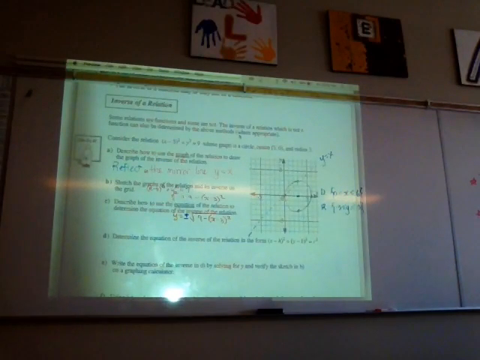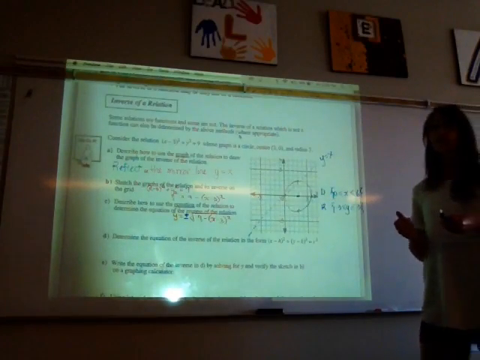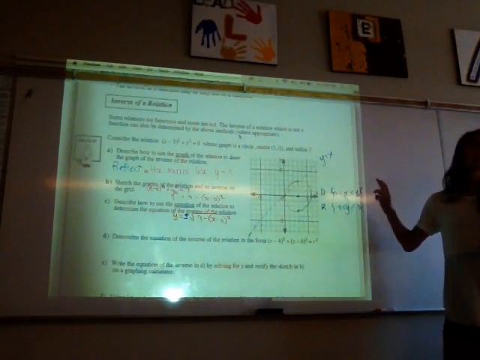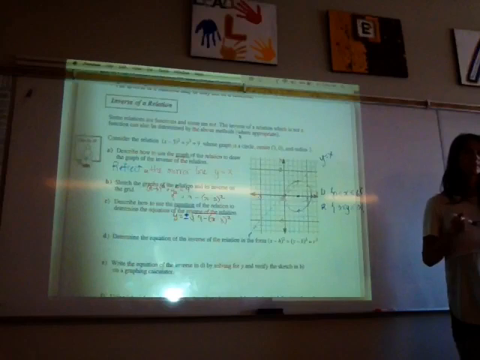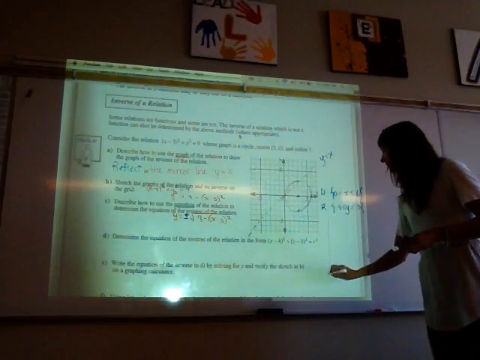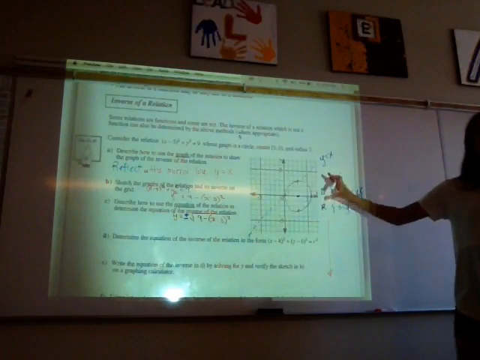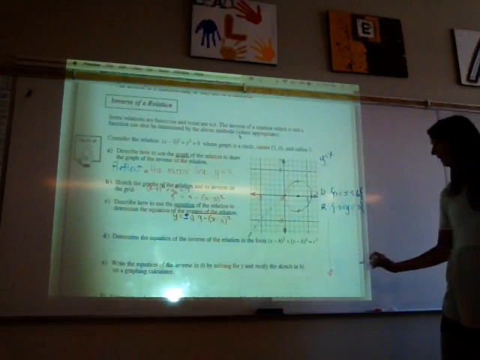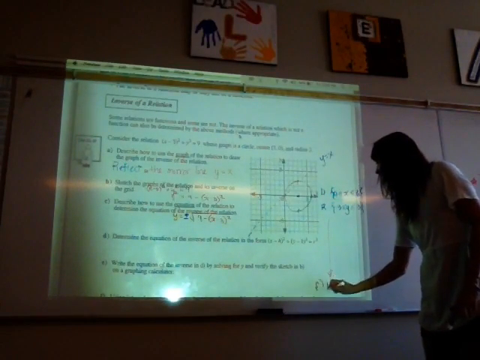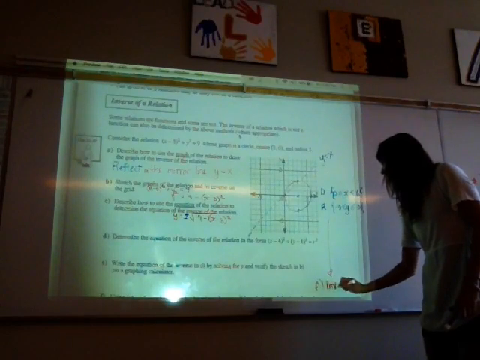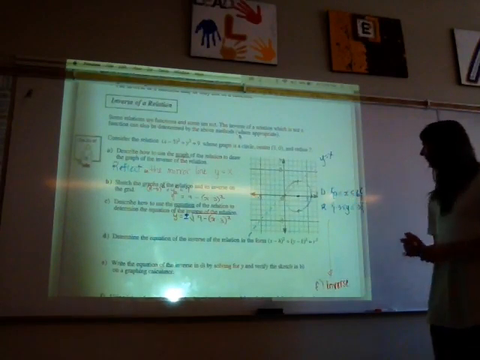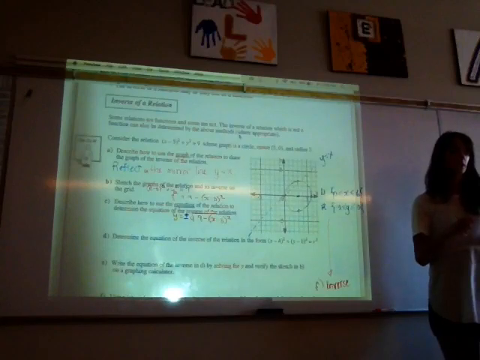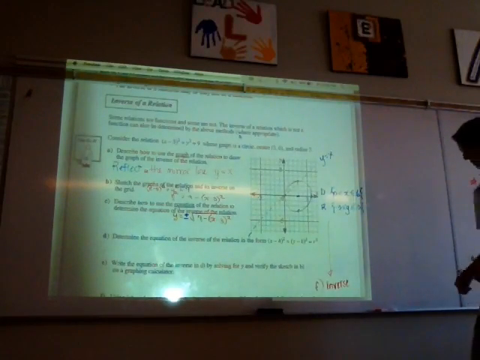We talked about this in the warm-up, just talking about inverses. What happens to that domain and range when we look at the inverse? Okay, it switches. So for part F, the domain of the inverse function will come from the range of the original function.